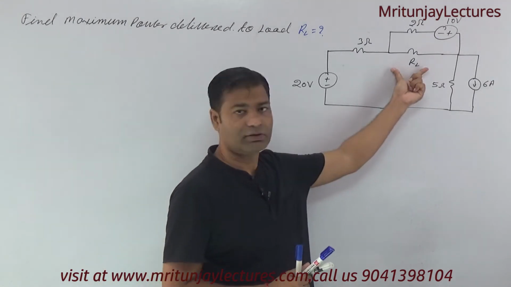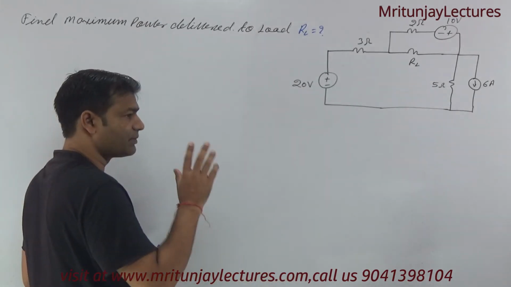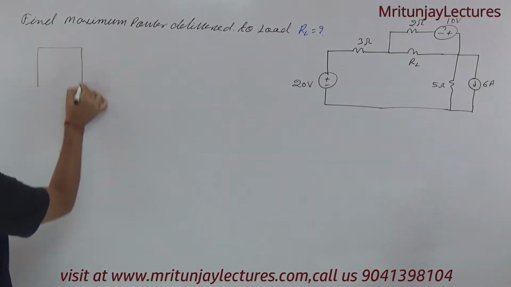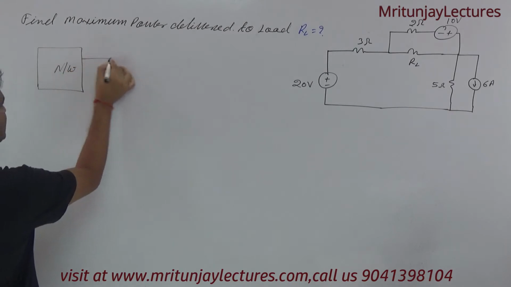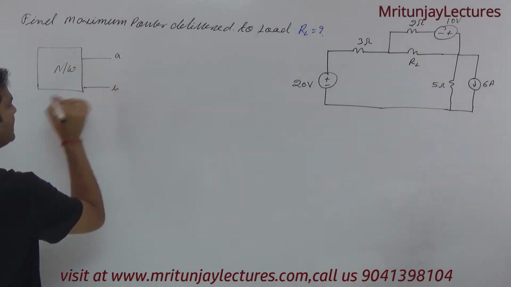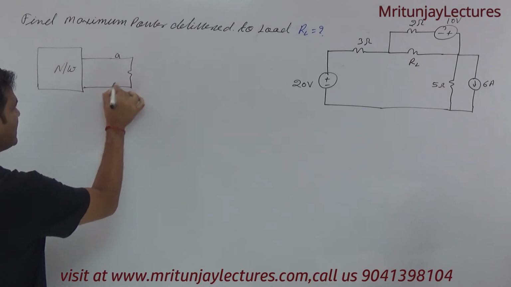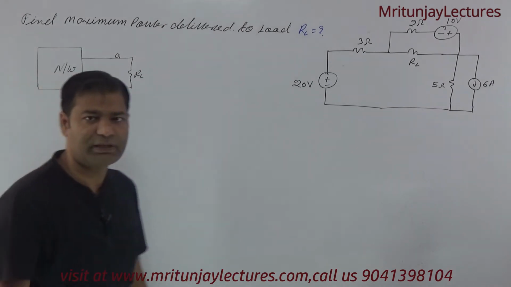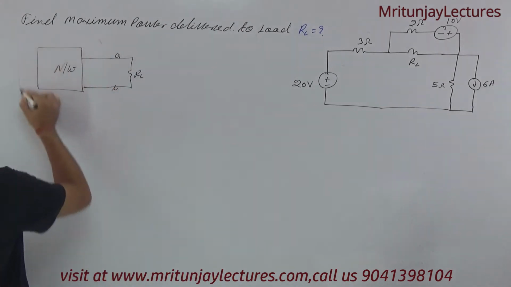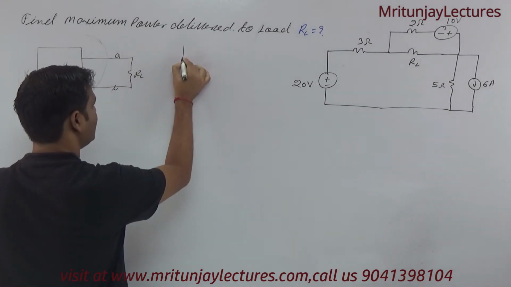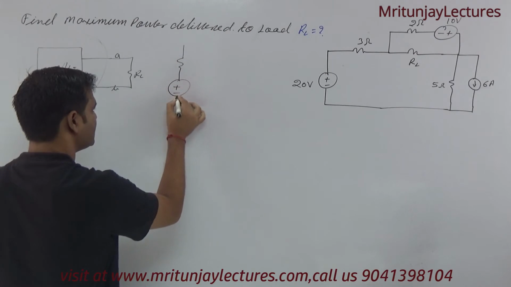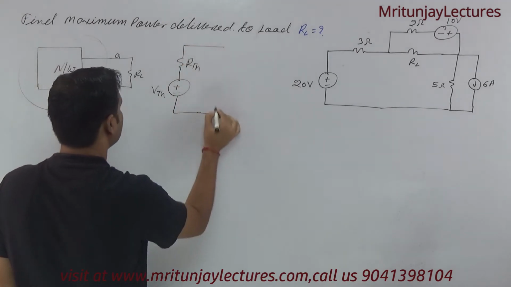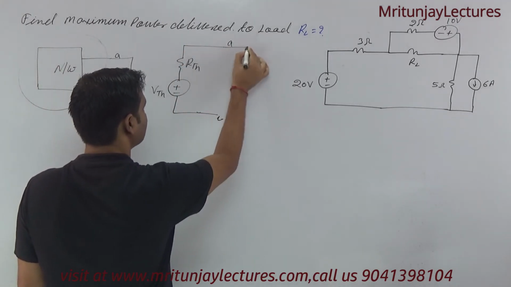This is RL. First of all, removing RL, I have already said a network corresponding to this one. Suppose that is A and that is B, and the load is connected here, that is RL. If RL is removed, then first of all make this whole circuit like Thevenin's equivalent, meaning a voltage source VTH and resistance RTH, between A and B. After that we connect RL.